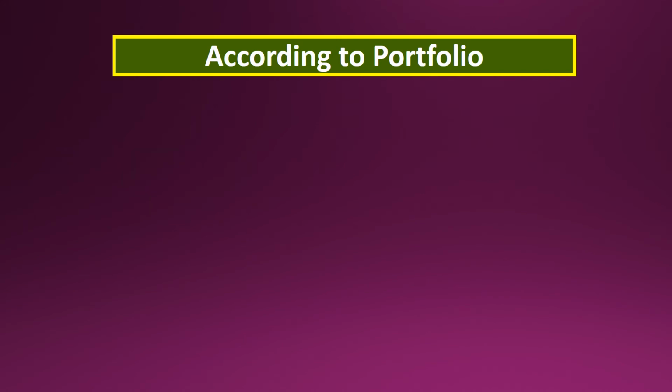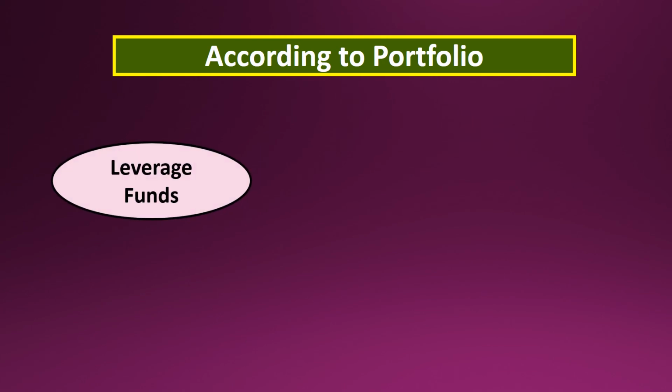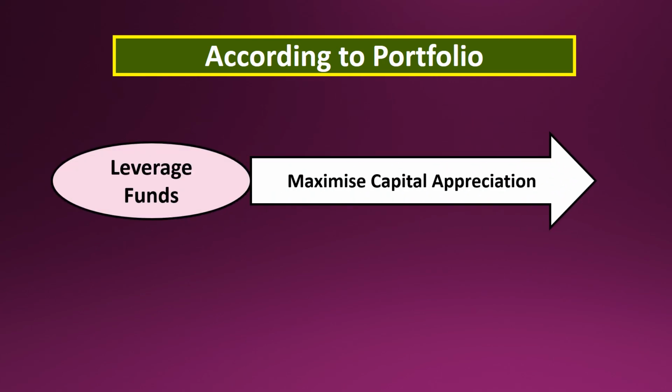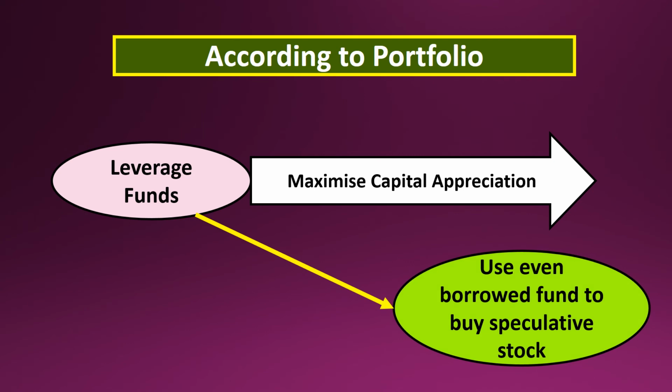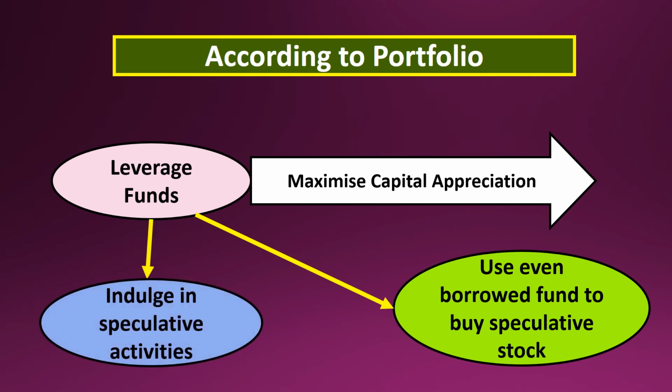And the next type of fund is a leverage fund. The primary aim of a leverage fund is to maximize capital appreciation. So, these funds may use even borrowed funds for buying speculative stock which ensures a profit in the future. And the leverage is used to the benefit of the shareholders.